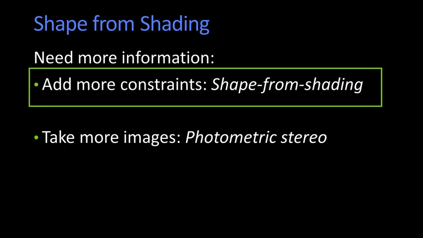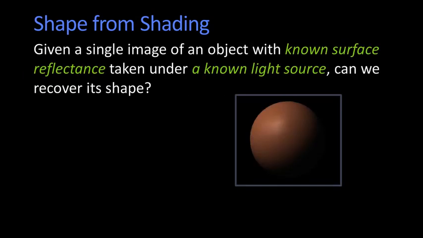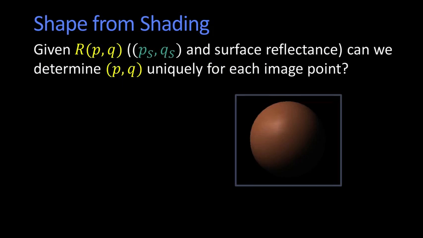So let's first talk about traditional shape from shading, where you add more constraints. Remember, here is our question. Given a single image of a known surface reflectance, so we know the albedo, with a known light source, can we recover its shape? That means, given R of PQ, can we determine PQ everywhere? The answer is, well, I have to make some assumptions.